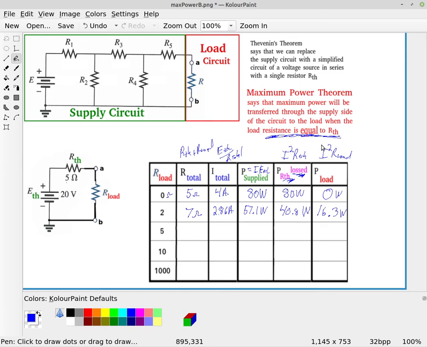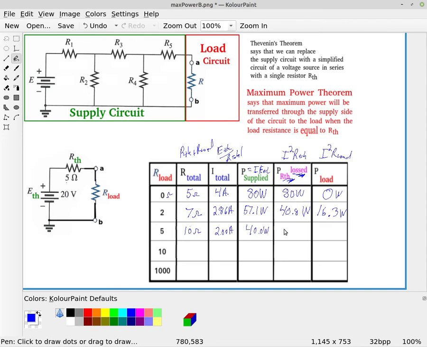So let's take a look. We get 5 plus 5 gives us a total resistance of 10 ohms, which gives us a total current of 2.00 amperes, which gives us a power supplied of 40 watts.